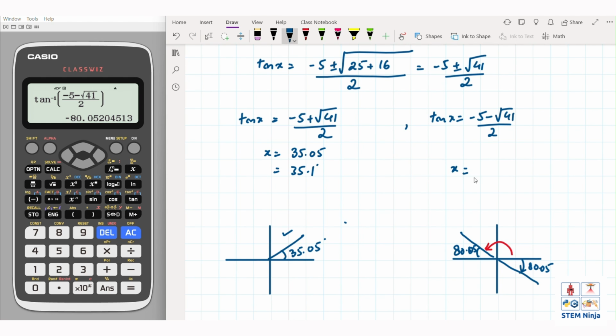And the other would be, sorry, we just need to do plus 180, 99.4, sorry, 947.8. So we round it to 99.9 degrees. So that will be our final answer.